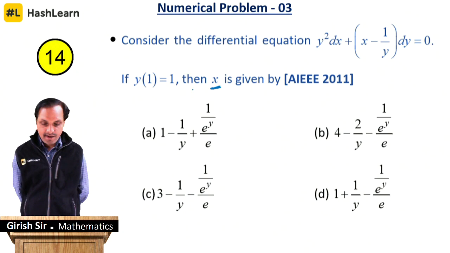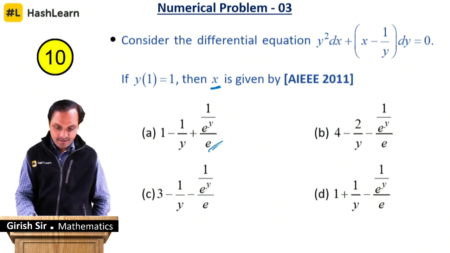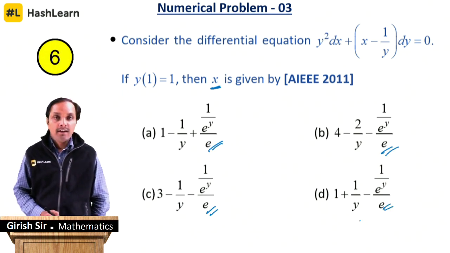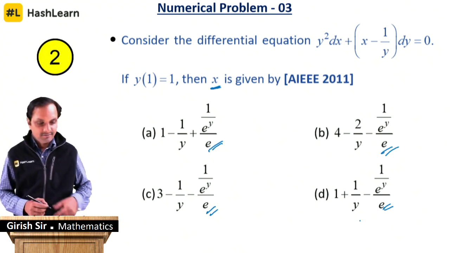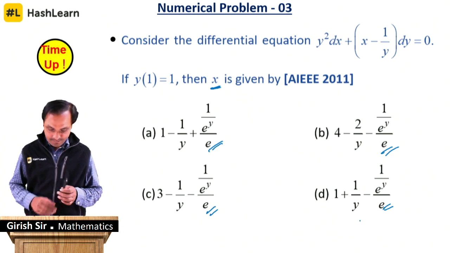So you have 4 choices. This part is common everywhere. Left with 5 more seconds. Your time is up.